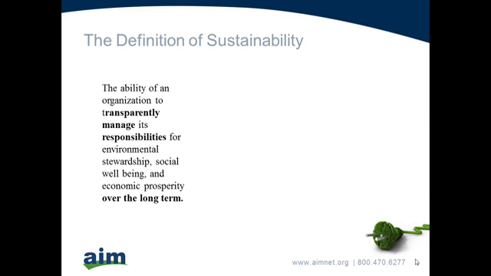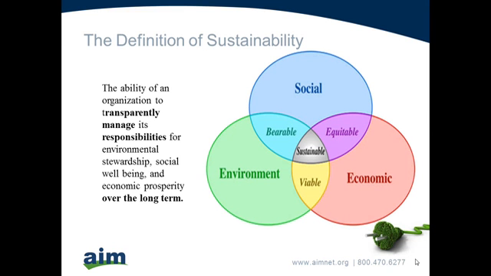So it's been recoined as the ability of an organization to transparently manage its responsibilities for environmental stewardship, social well-being, and economic prosperity over the long run, or long term. And really a couple of key terms here, aside from the social, environmental, and economic that we all recognize as being components of sustainability, are the words transparently, manage, and long term.